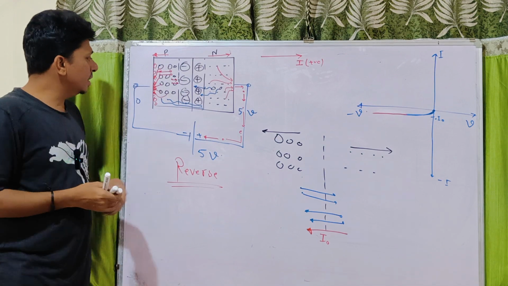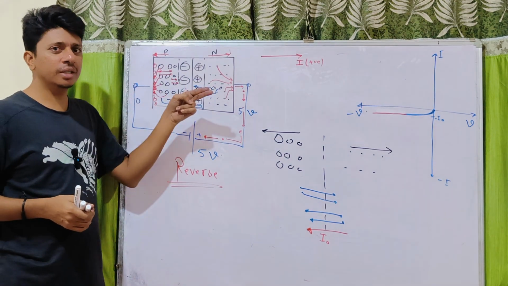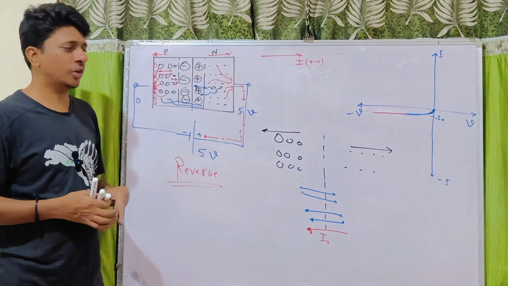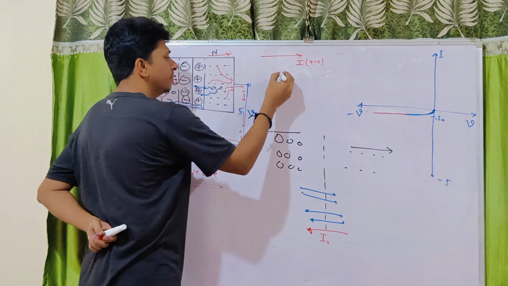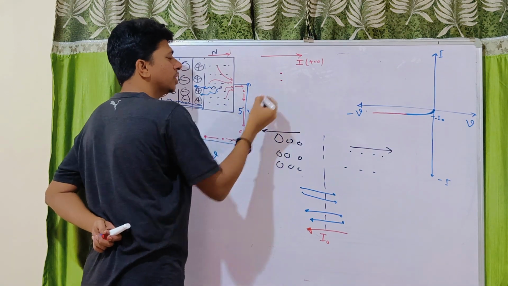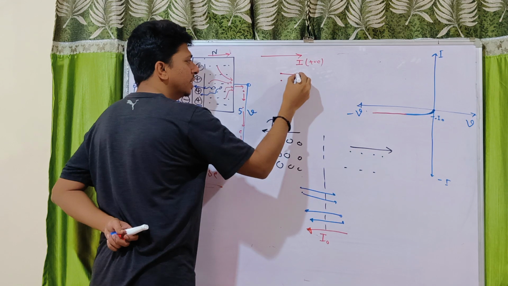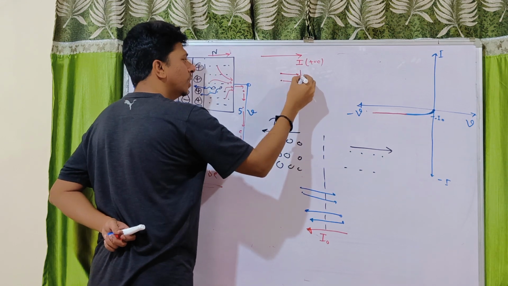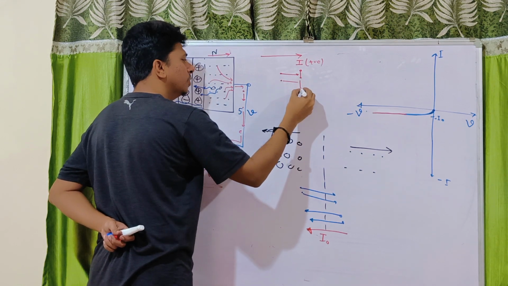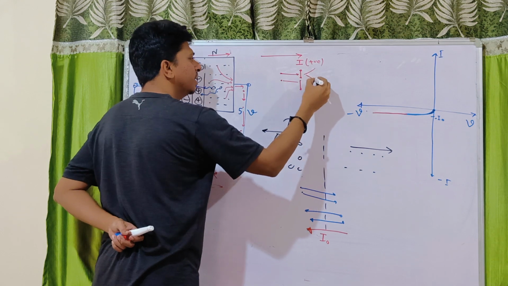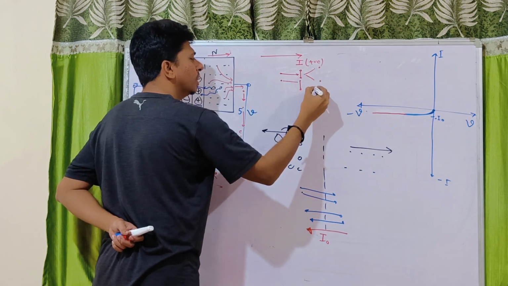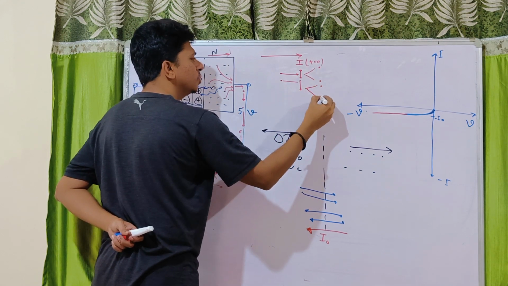Now tell me, these two electrons were moving and they will generate four electrons. Suppose these two electrons are present. When they are moving, they collide with a covalent bond, and with the collision, what have they done? They have generated two more electrons, and here also two electrons.